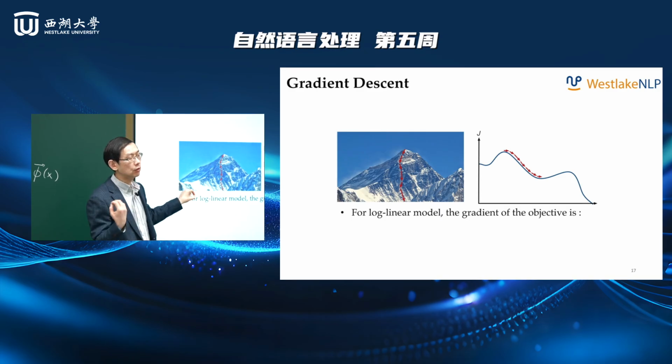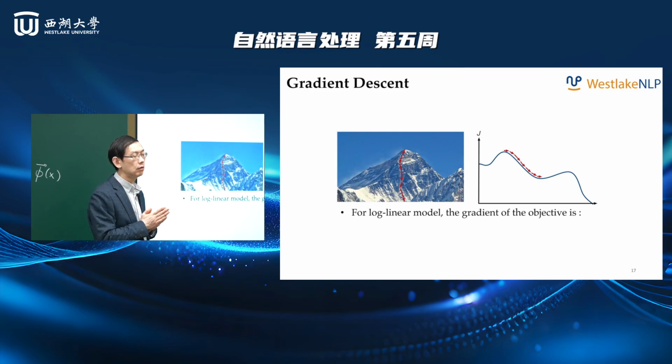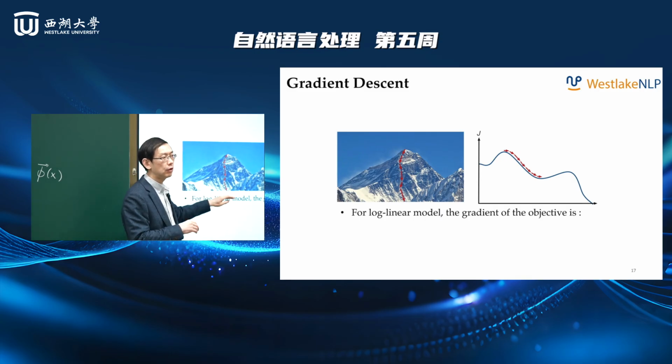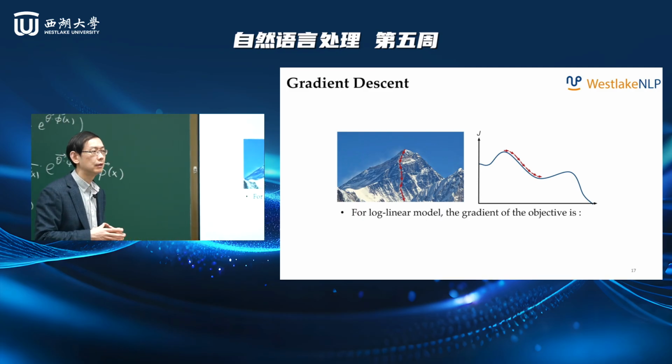Of course, if you move towards some direction, you climb up over GPS. You move over other directions, you go down, all right? So how do we know which is the steepest direction? It turns out that the gradient of this altitude over your GPS location, x y, is the direction up, right?